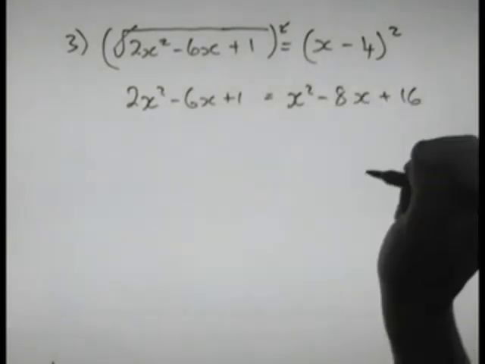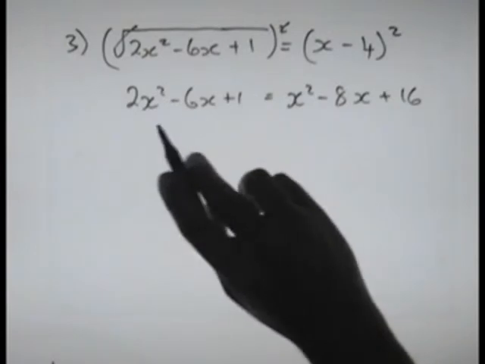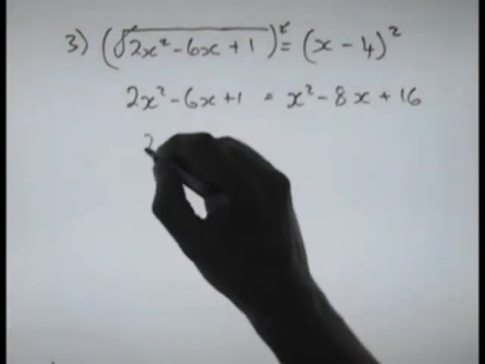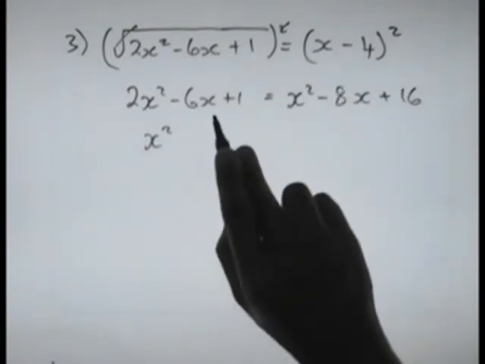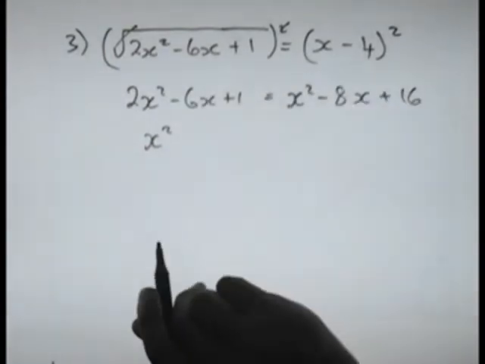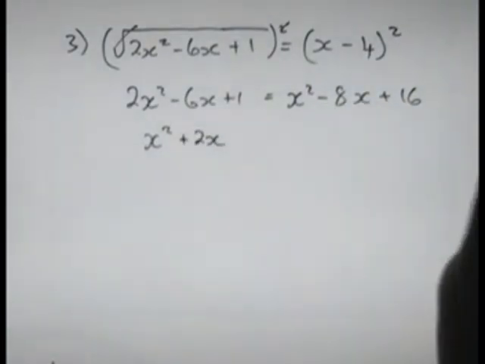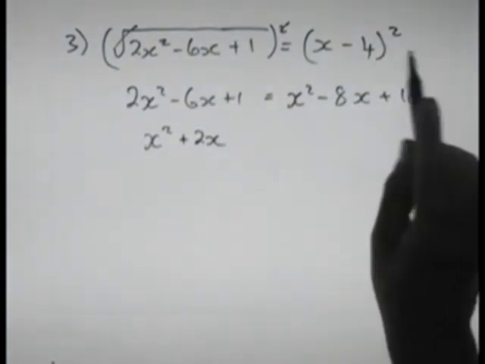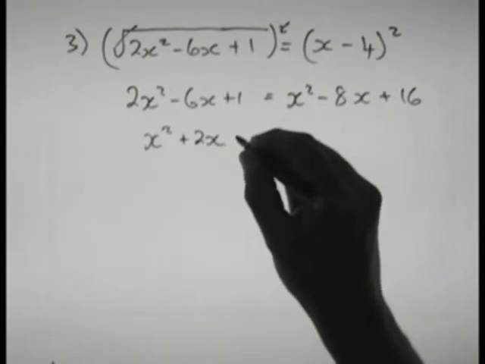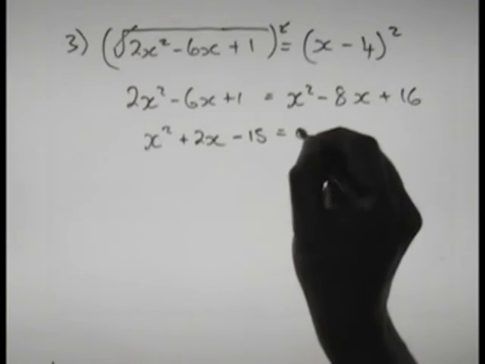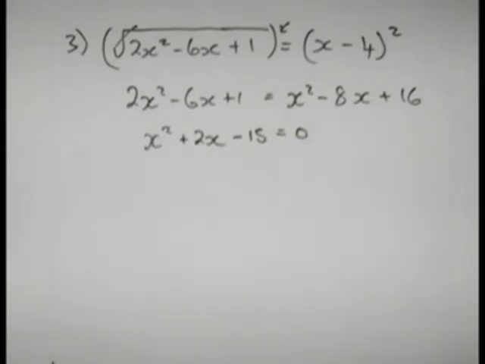Take everything to one side and make it equal to 0. 2x squared minus x squared is x squared, minus 6x plus 8x is going to give me plus 2x, plus 1 minus 16 is going to give me minus 15 is equal to 0.